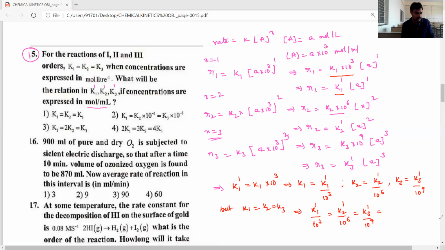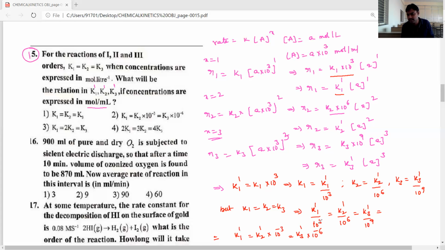Then the important relation between K1 dash, K2 dash and K3 dash is: K1 dash is equal to K2 dash into 10 to the power of minus 3 is equal to K3 dash into 10 to the power of minus 6.